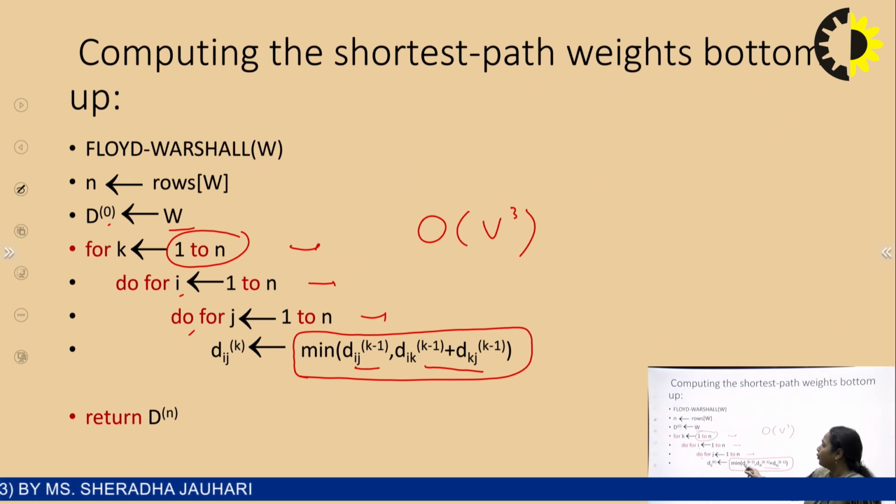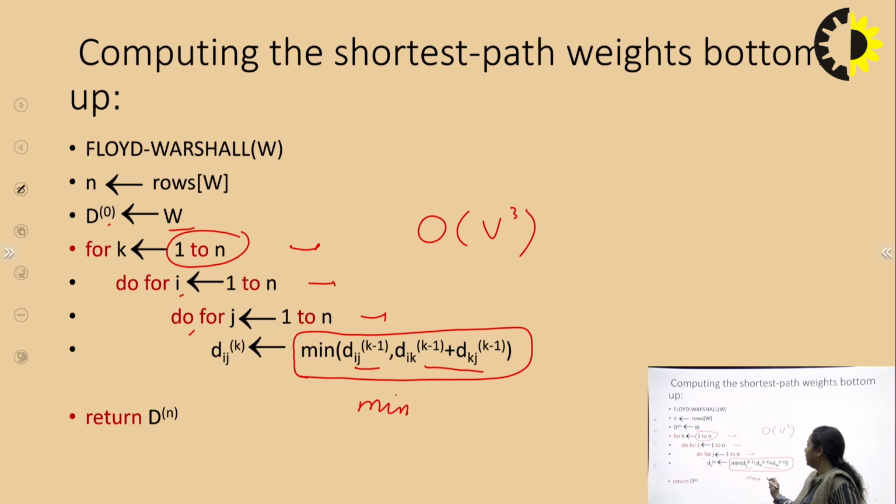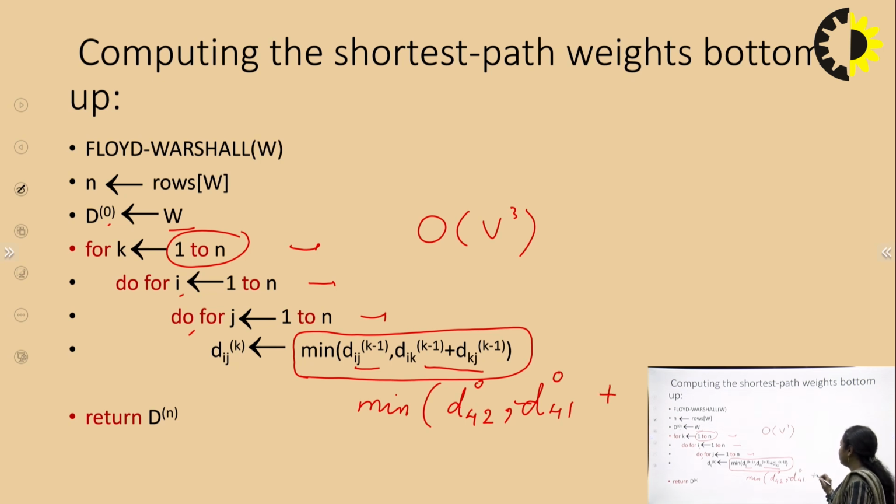We are going to write minimum of D 4, 2, k minus 1, that is 0, comma D 4, 1 plus D 1, 2.